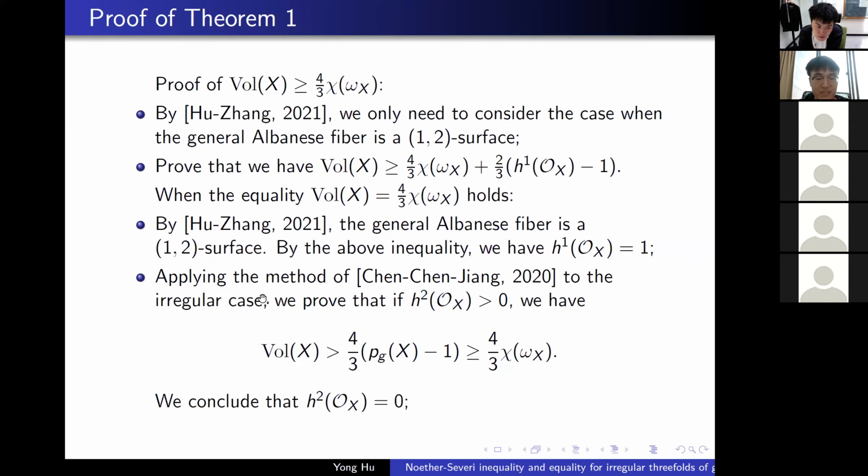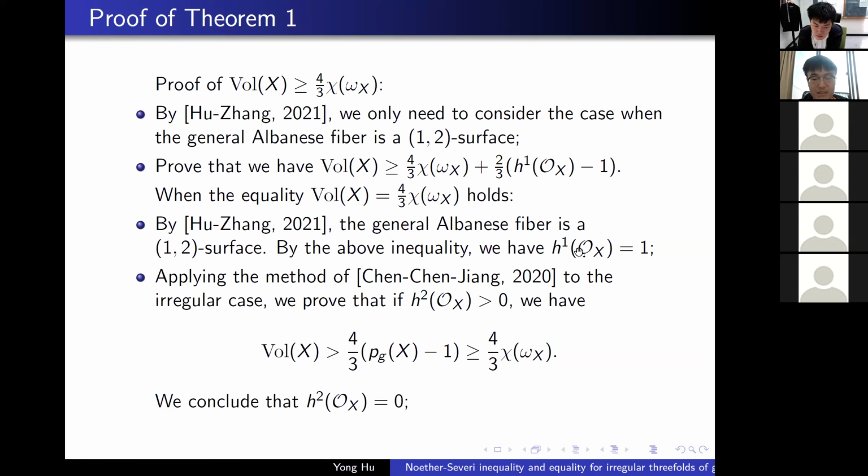And then we apply the method of Yong-Kai Chen, Meng Chen, and Chen-Jiang in 2020 to the irregular case. We prove that if h²(O_X) is larger than 0, we have the following inequality: the canonical volume of X is larger than or equal to 4/3 (p_g(X) minus 1).